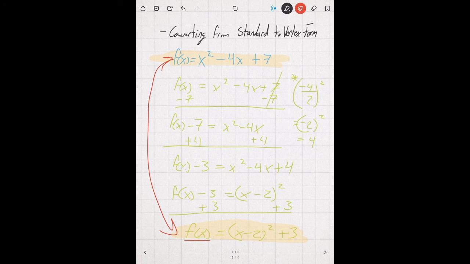I know that the vertex is 2 and 3. And I know that the scale factor, the dilation, is a 1. So this is really going to look like the standard parent function, but all that we've done is moved it over 2 units to the right and 3 units up.